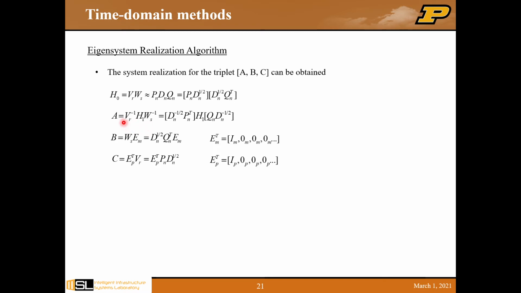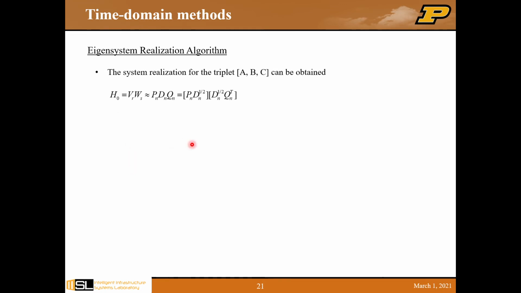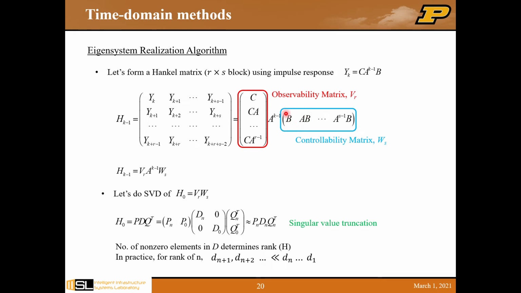So therefore we can obtain the A matrix. It is equal to V inverse times H_1 times W_s inverse. We can also obtain the B matrix and C matrix. The B matrix is the first block of the controllability matrix, so we can just select the first block in this matrix.